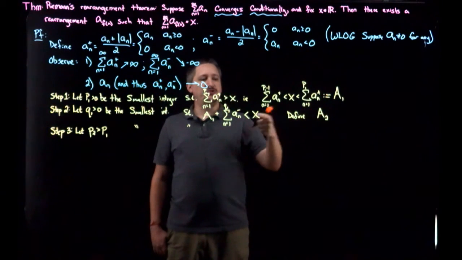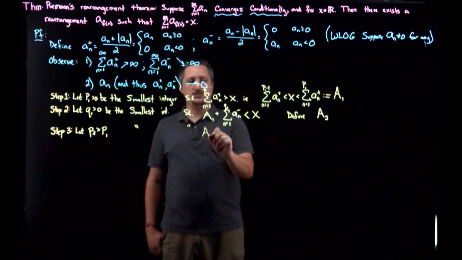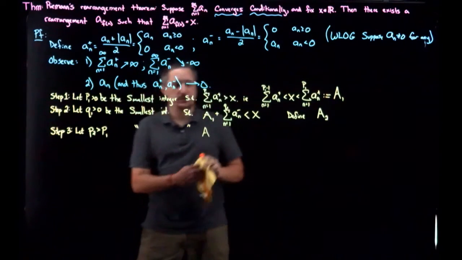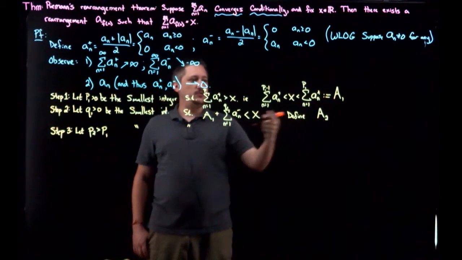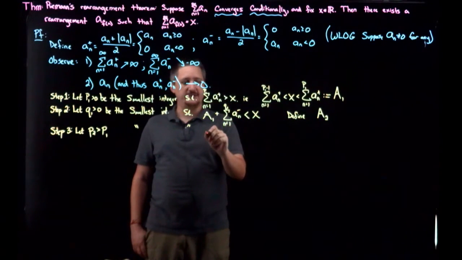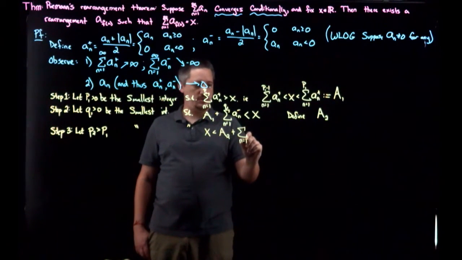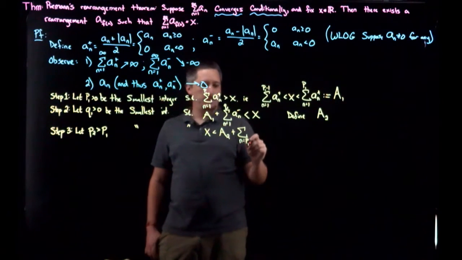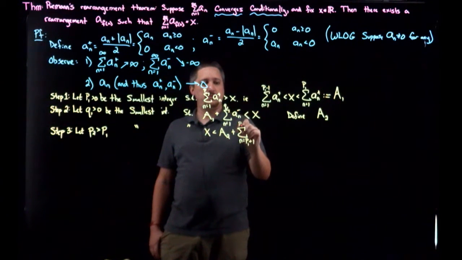Now I had A2, which is now smaller than x, and it's adding these terms up, so let me do it this way so it's a little clearer maybe. I'm going to take A2, and eventually I'm going to want something bigger than x. So I'm going to take x to be smaller than A2 plus the sum n equals P1 plus 1 to P2.